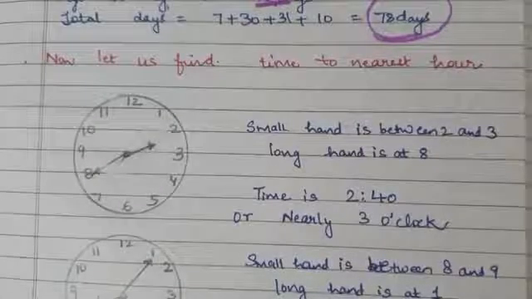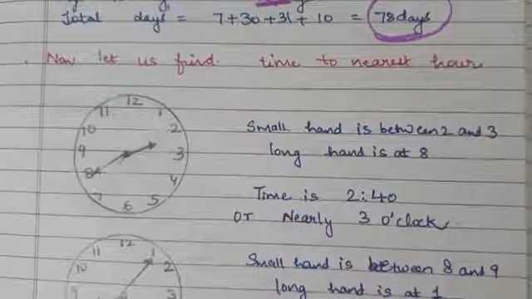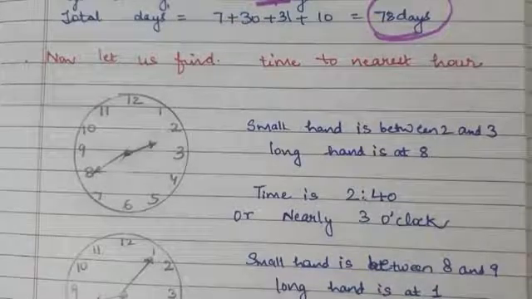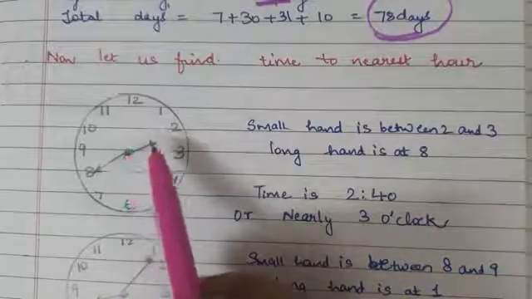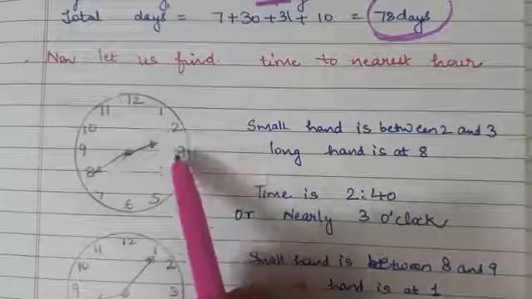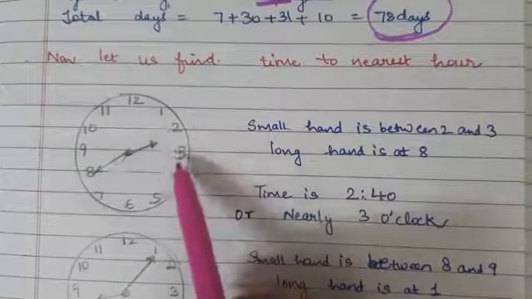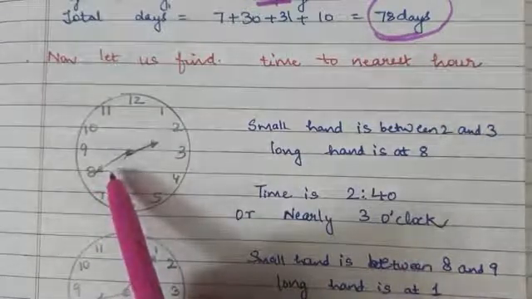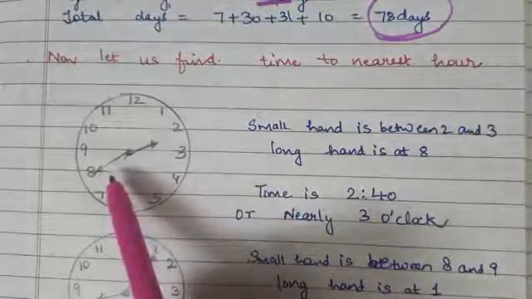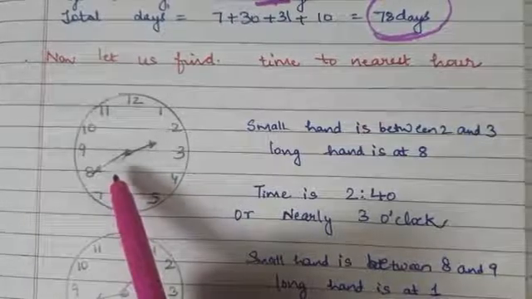Now let us find the time to the nearest hour. See this clock, children. The small hand is in between 2 and 3, and the long hand, that is the minute hand, is at 8.